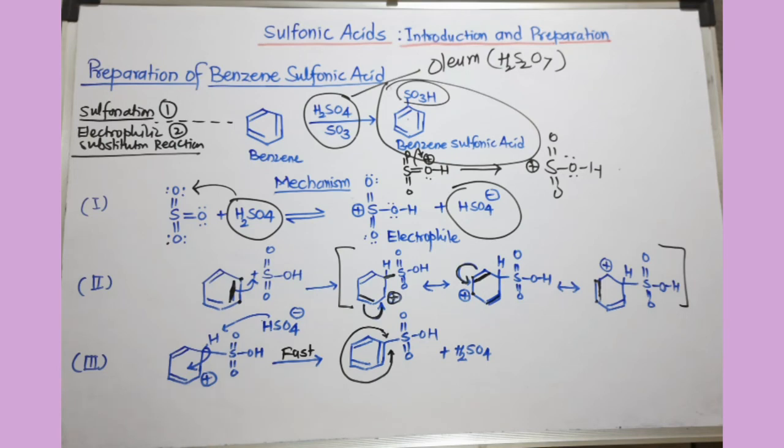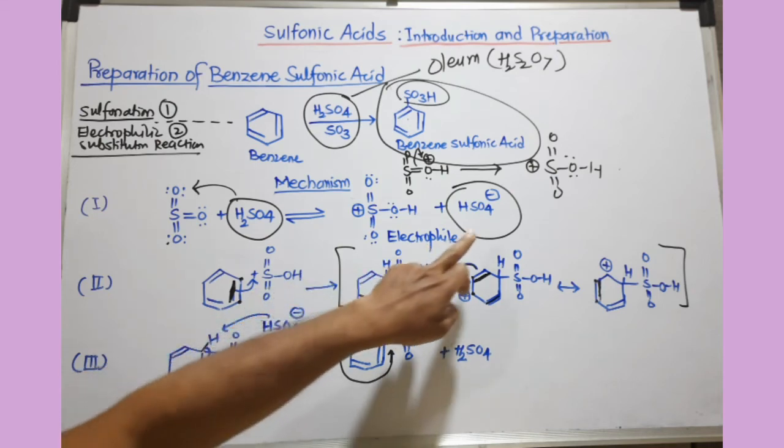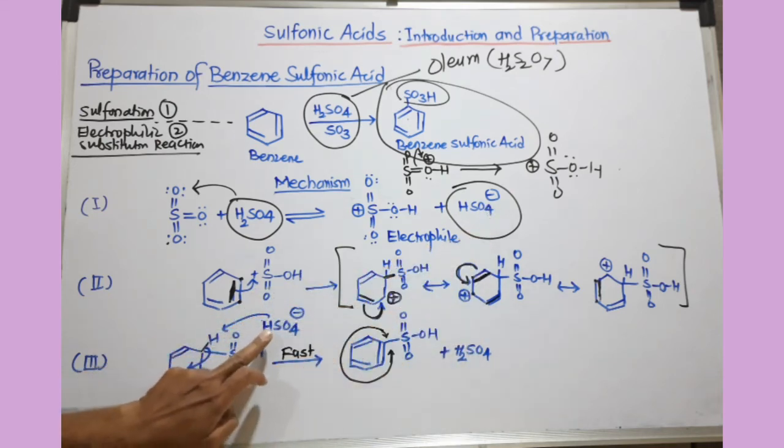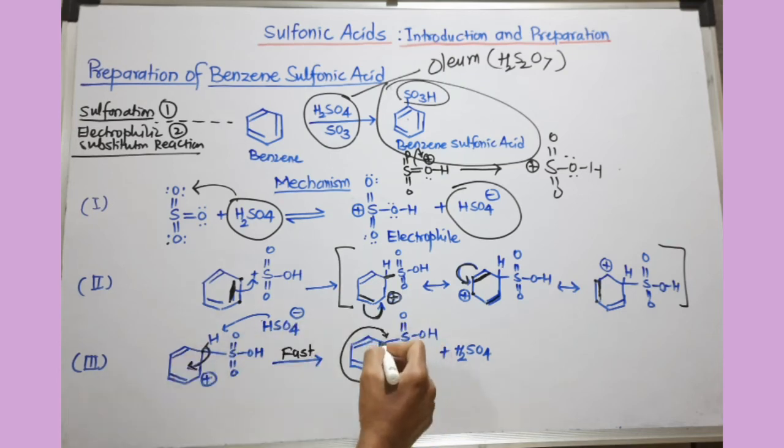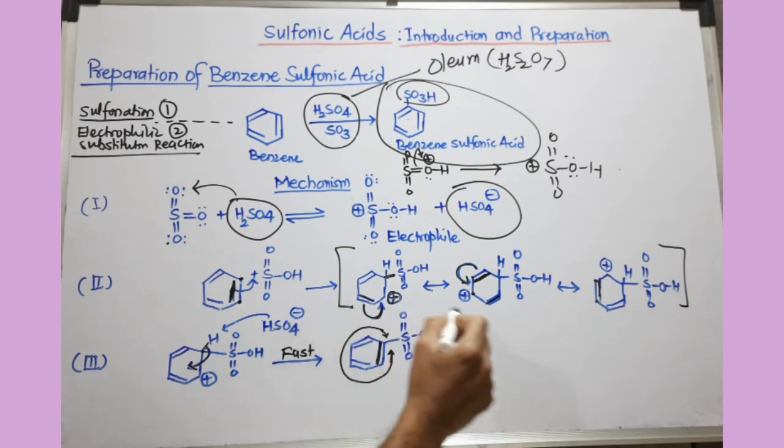So this anion generated in the reaction mixture will take up this proton, and the bond between this carbon and proton now moves inside as a pi bond. So this pi bond is generated here and we get our aromatic center back, and this HSO4 now becomes H2SO4.